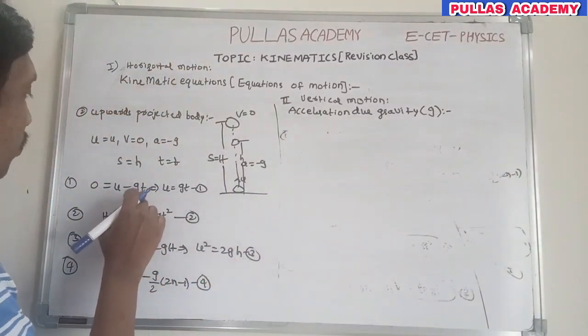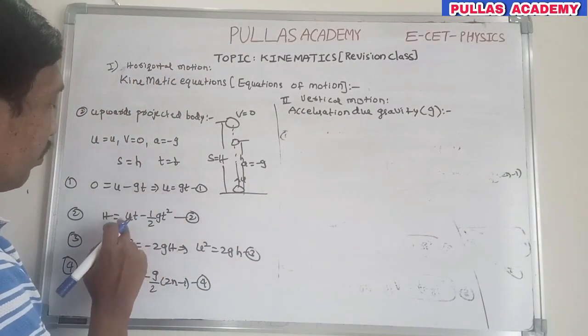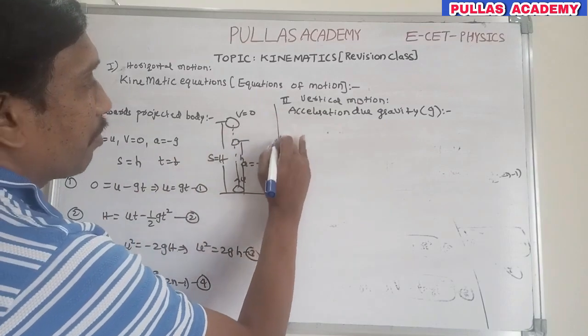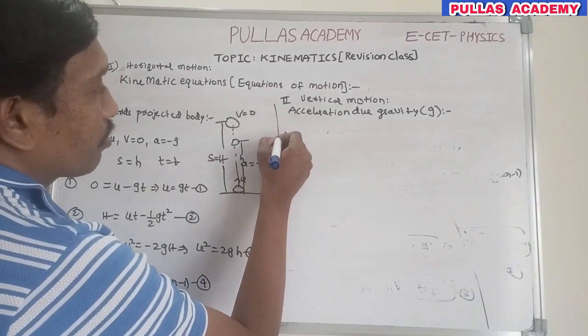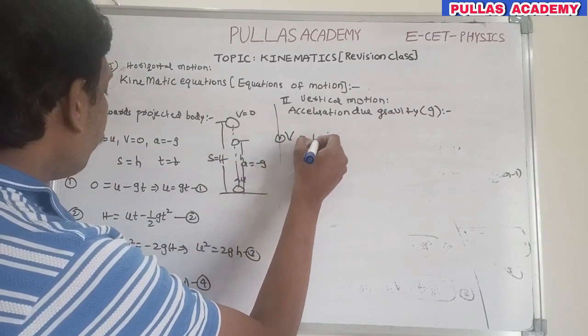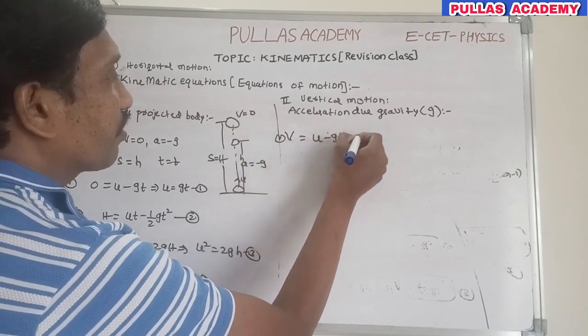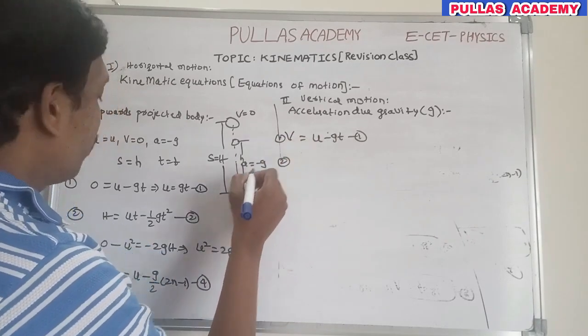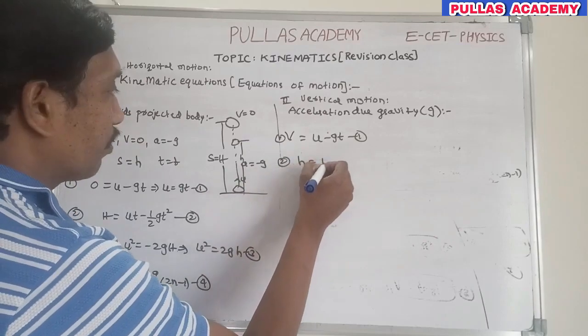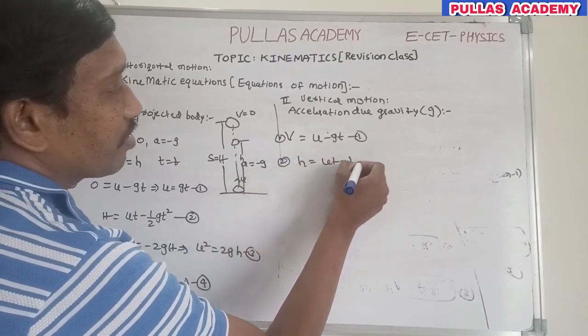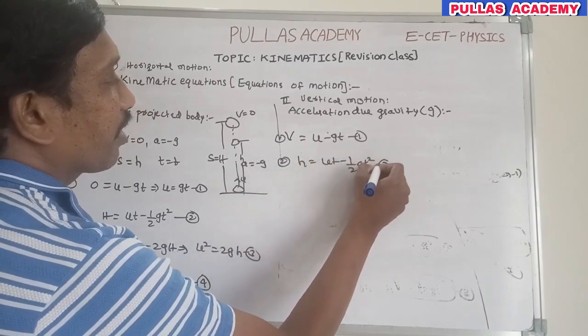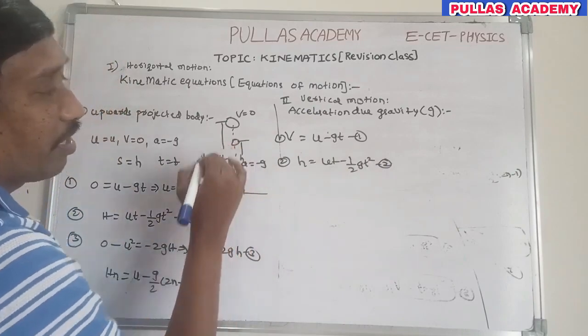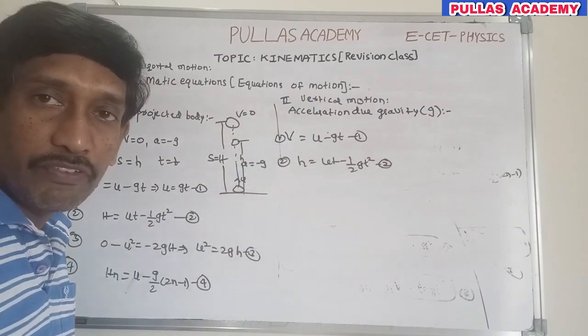The first one is the same, v is equal to u minus gt. This is the first kinematic equation. Next, small h is equal to ut minus half gt square. This is the second, when it reaches a certain height h while projected upwards.